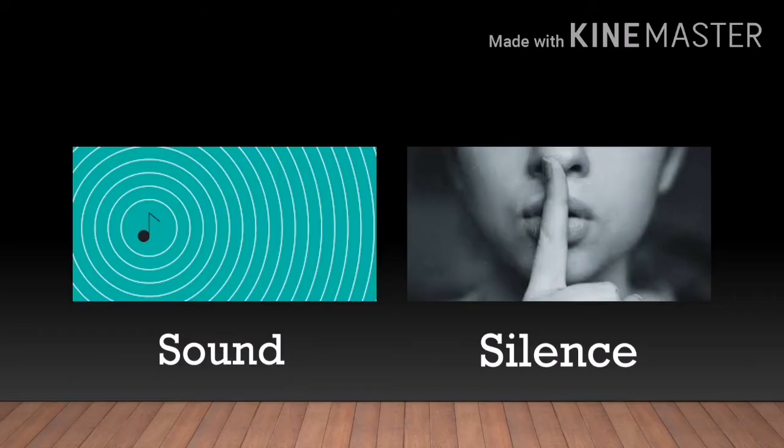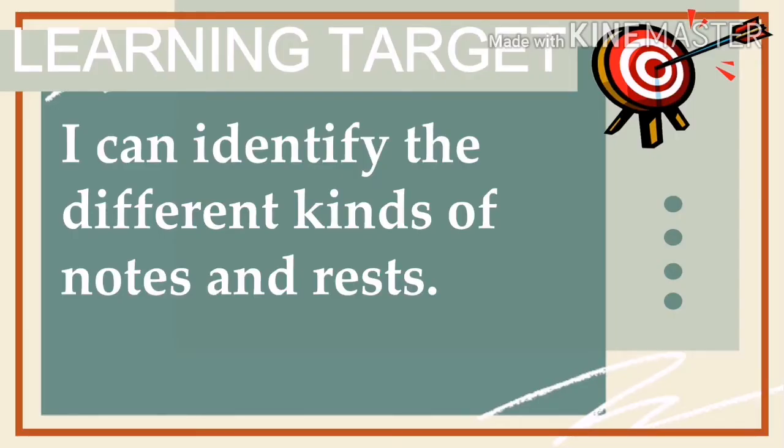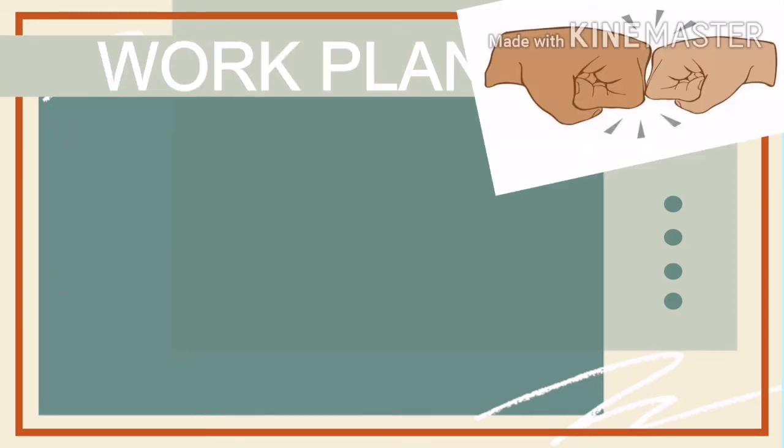For today's lesson, we are going to talk about the sound and silence in music. But before we start, here's the goal that we need to achieve after this lesson. Read with me. I can identify the different kinds of notes and rests. To achieve our learning target, we need to go through these activities.